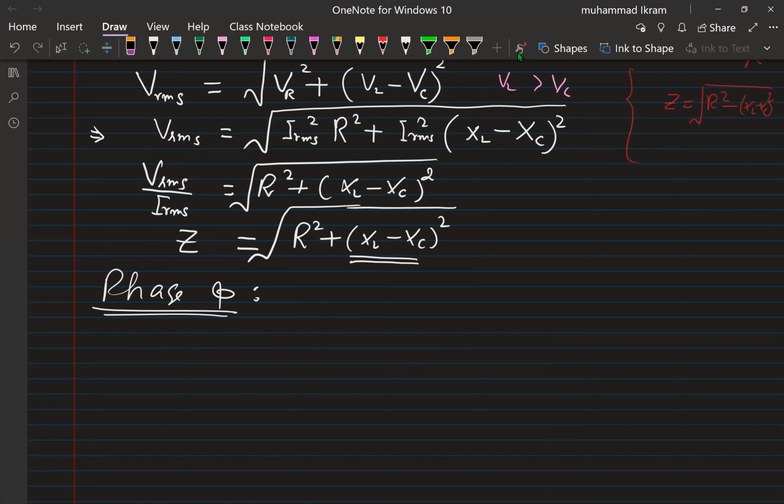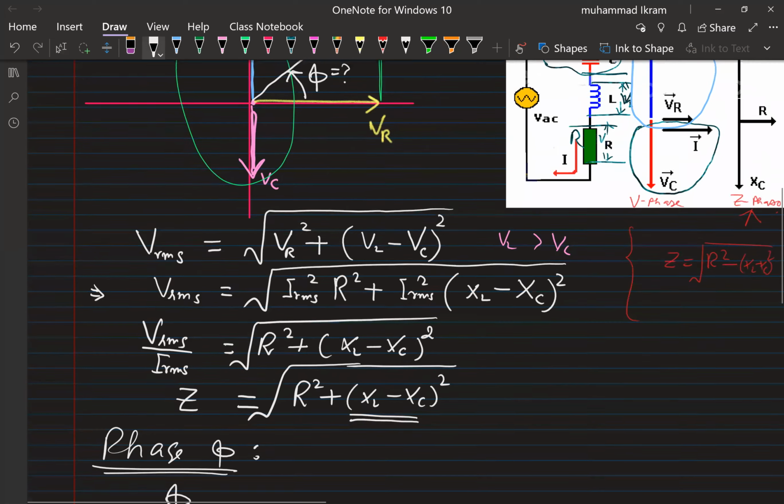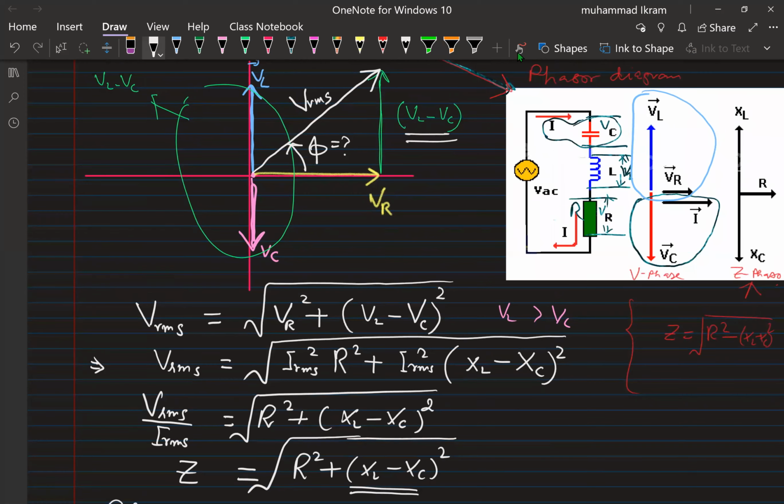This angle will be equal to, if you look at this diagram, this one and this one.